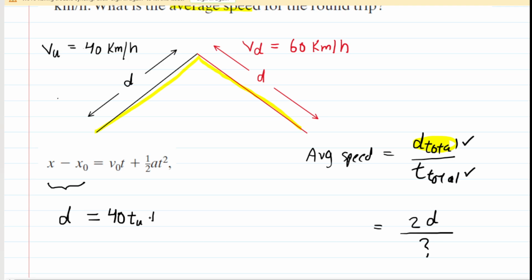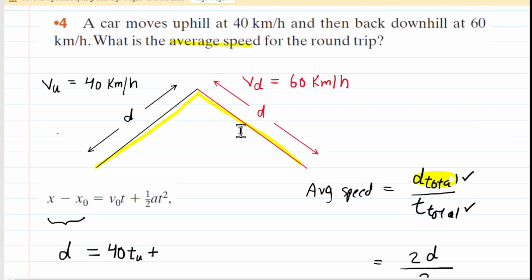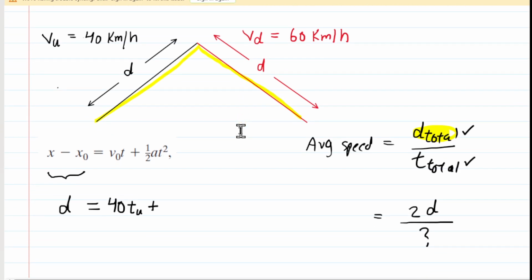Now, continuing with the equation, we can assume in this case that the car is not accelerating. We can assume, in other words, that the car is traveling at a nice constant speed. It would have been nice, honestly, if it said it was traveling at a constant speed, but we're going to make that assumption because, frankly, if we don't, we wouldn't be able to solve this problem. So if it's traveling at a constant speed, that means the acceleration is 0, and this term right here would completely drop out.